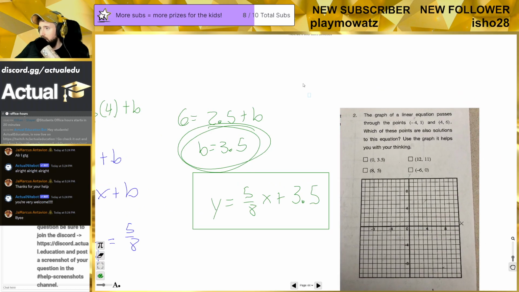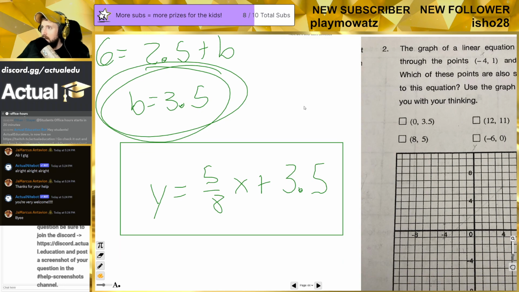Here's the cool thing. These points here are on the line if, when I plug them in, I get a true statement. Let's say we took the 0 and the 3.5. If I plug in 0 for x and 3.5 for y, see how this is the x coordinate and this is the y coordinate? What do I end up getting?